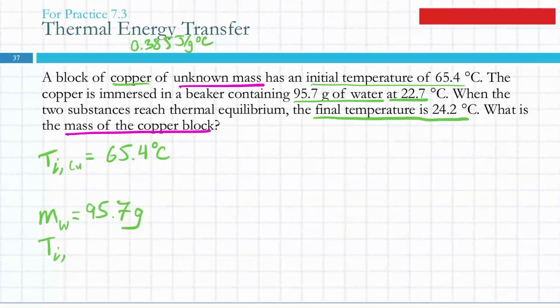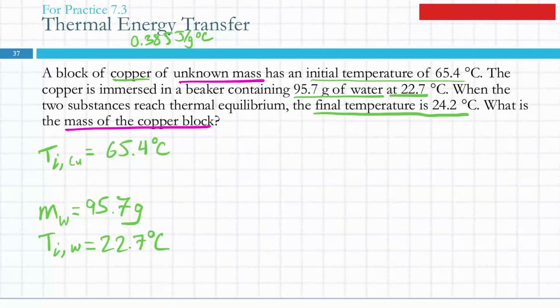So T sub i, comma W for water, 22.7 degrees Celsius. They share the same final temperature. And we're looking for the mass of the copper.